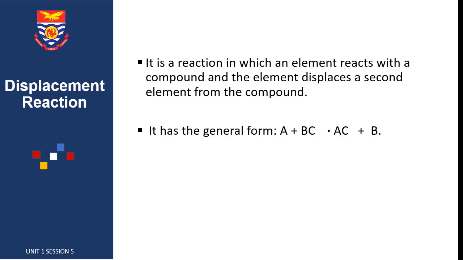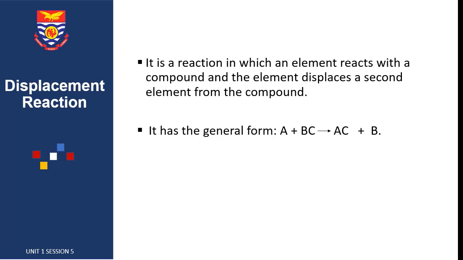Displacement reactions have the general form A plus BC going into AC and B. So let's look at this very well. A has come to take the place of B. In other words, it has come to displace B and it has taken its place.